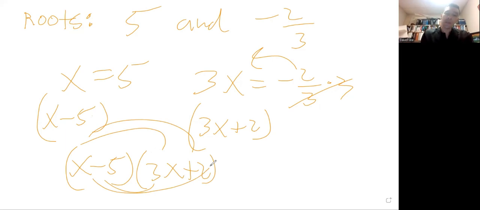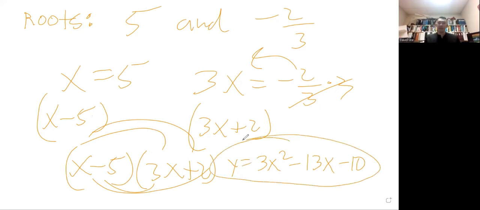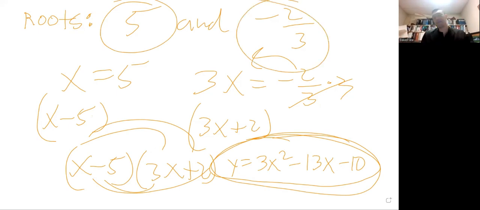Distributive property, you would get back 3x squared minus 13x minus 10. You can call this y equals, and you're done. This would be your polynomial in standard form that the roots of it are 5 and negative 2/3.